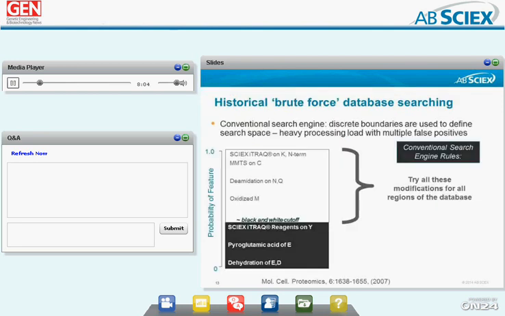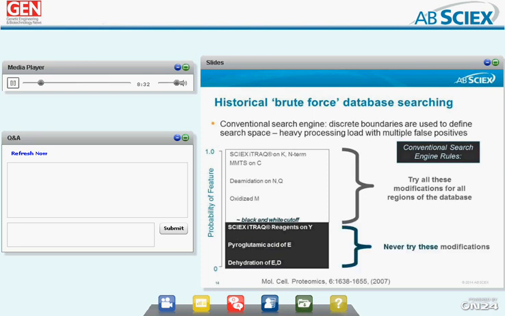Now, the very techniques of searching databases have changed as part of this. Historically, there was often a brute force mechanism where you said, well, I'm going to try all of these modifications inside the search space. So if you look at the white box that I have there, it's a sort of discrete part with the black box below it. And in the white box, you will try all of the modifications for that region of the database.